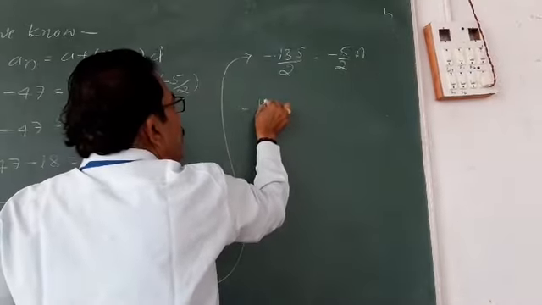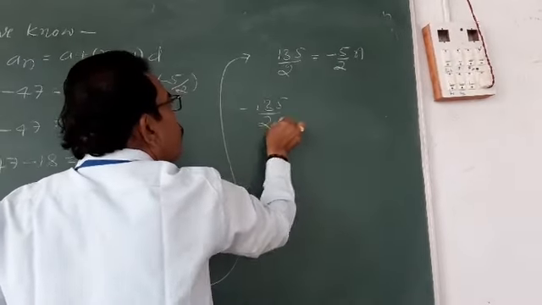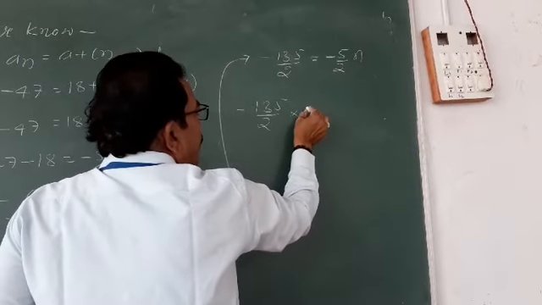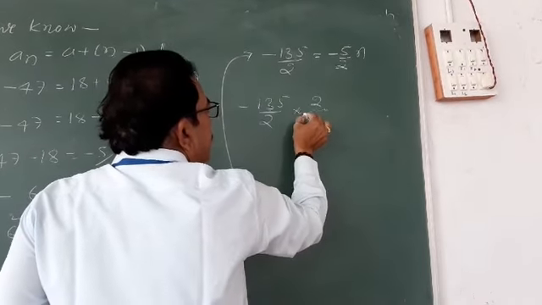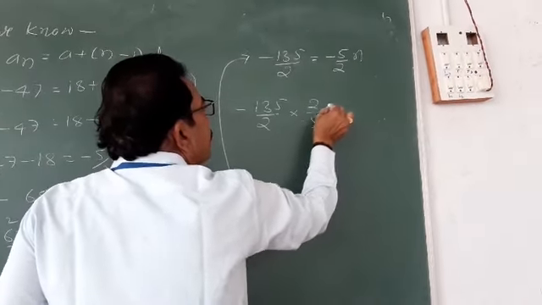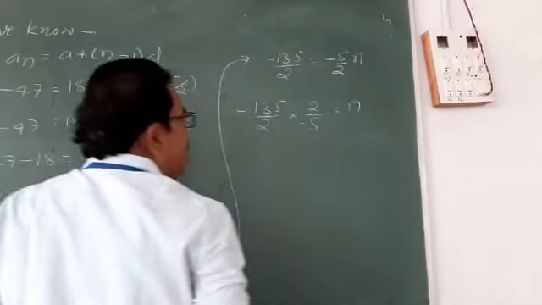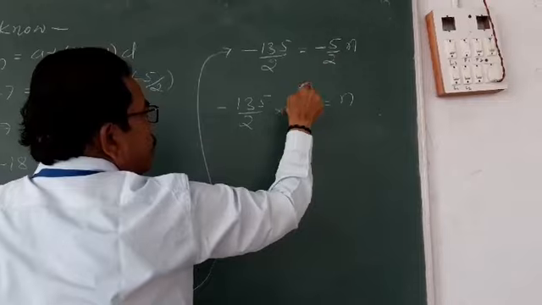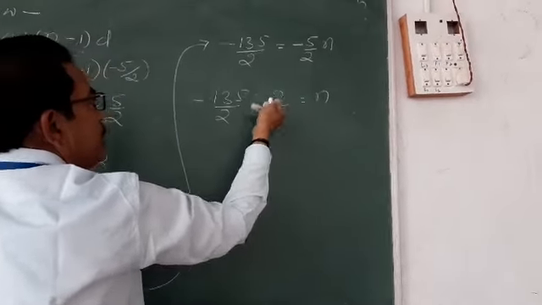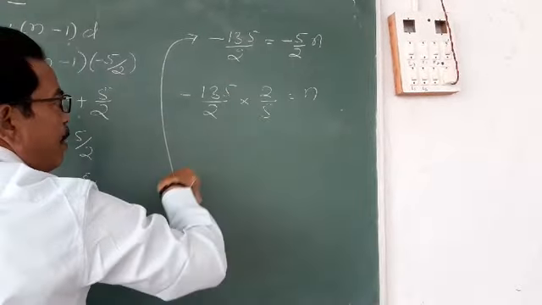Therefore minus 135 by 2 into 2 by 5 equals n, because that has been transferred, so that becomes reciprocal. Minus 5 by 2 becomes minus 2 by 5.